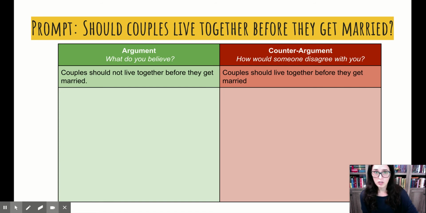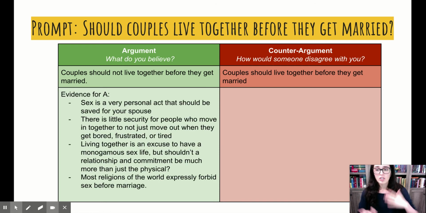And so you brainstorm, and here are a couple of the reasons why somebody would argue that couples should not live together. So they could say sex is a very personal act that should be saved for your spouse, so for after marriage. And if you're living together, then you're probably sleeping together too. The second point that they would make is there's little security for people who move in together to not just move out when they get bored, frustrated, or tired.